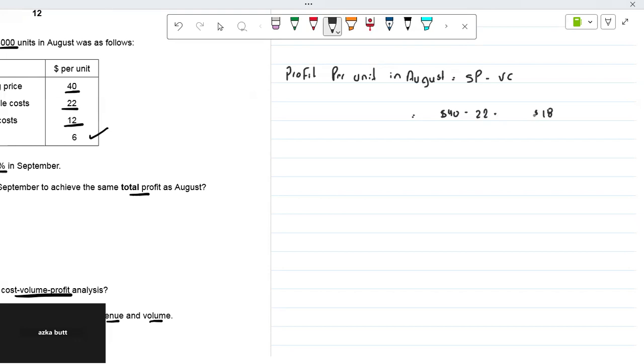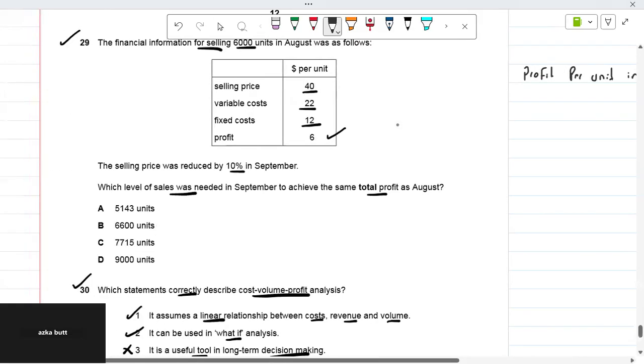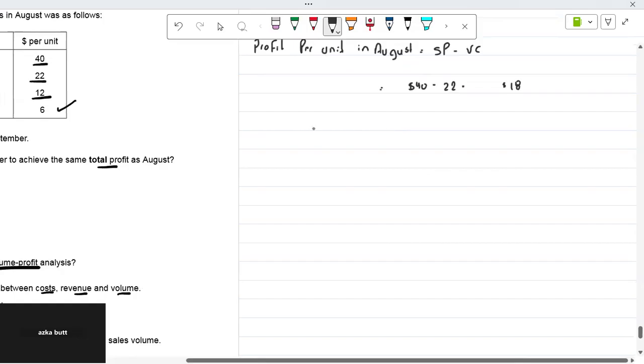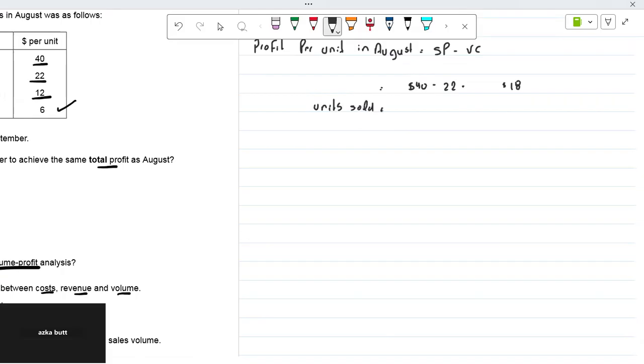Okay, so total profit in August, because units sold in August is 6,000 units. If you want to find the total profit, multiply the per unit profit with the total number of units sold. So this is 108,000.